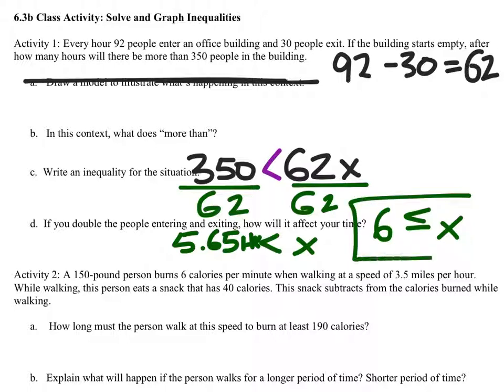And this would be the solution to that, 6 hours. Alright, if we double the people entering and exiting, how will it affect the time? It should just cut it in half. That would give us something like 2.8-ish, so it would still be greater than or equal to 3 hours.